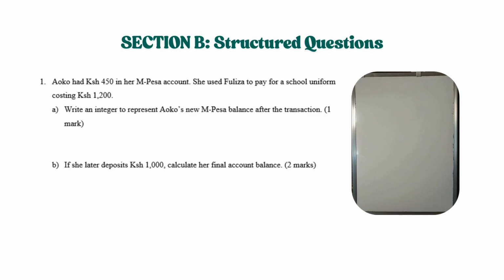Now, number 1. Aoko had 450 Kenyan shillings in the M-Pesa account. She used Fuliza to pay for a school uniform costing 1,200 Kenyan shillings.